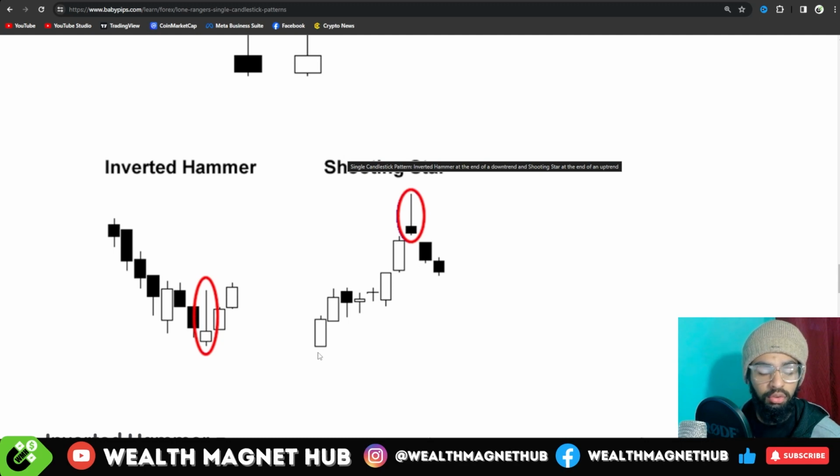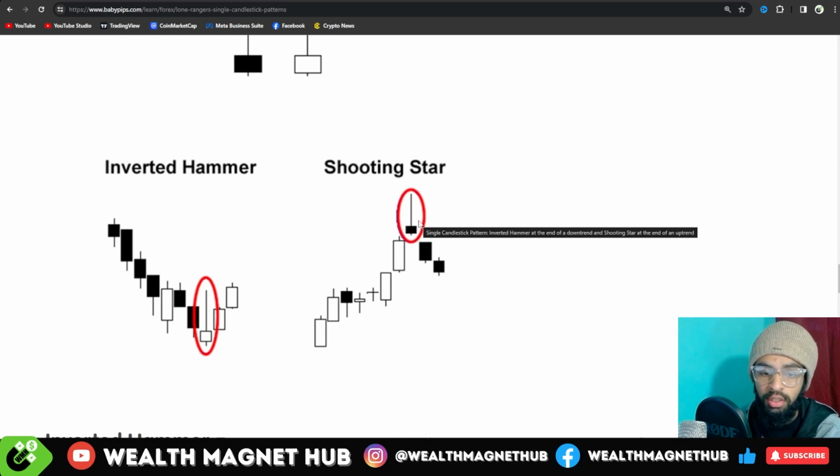As you can see, same example as before, we are in an uptrend now and we are having constant white bodies moving in the upwards direction, and at the top of this market we see a shooting star. How can we tell it's a shooting star? The long upper shadow, the small body, and little to no lower shadow.